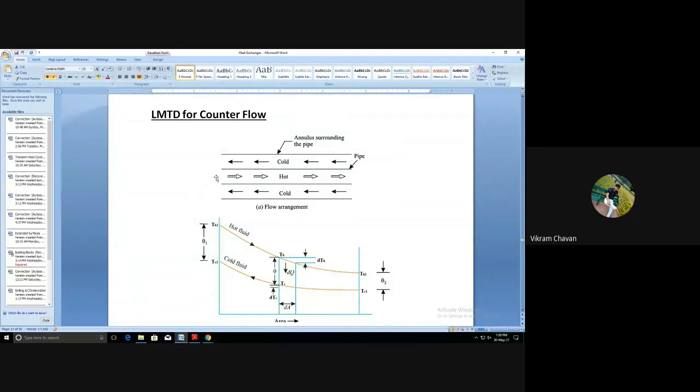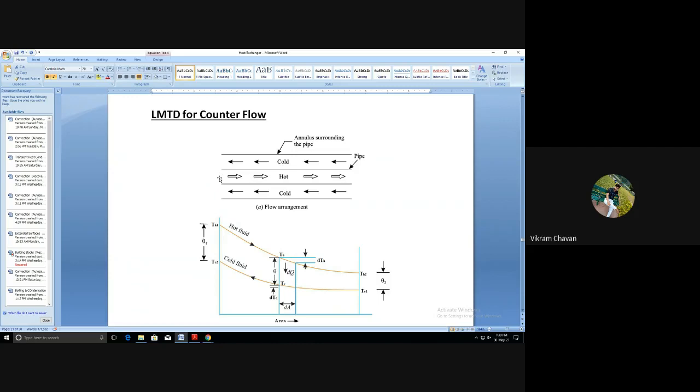Through the small tube one fluid is flowing, and through the large tube surrounding it, the other fluid is flowing. Let us consider the hot fluid in the small tube and the cold fluid in the large tube, with flow directions opposite to each other.